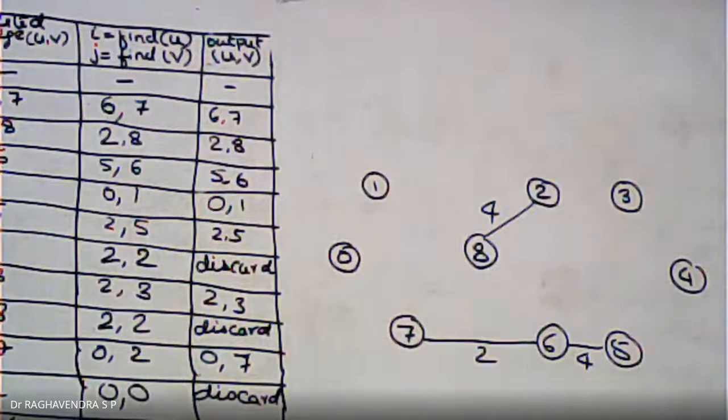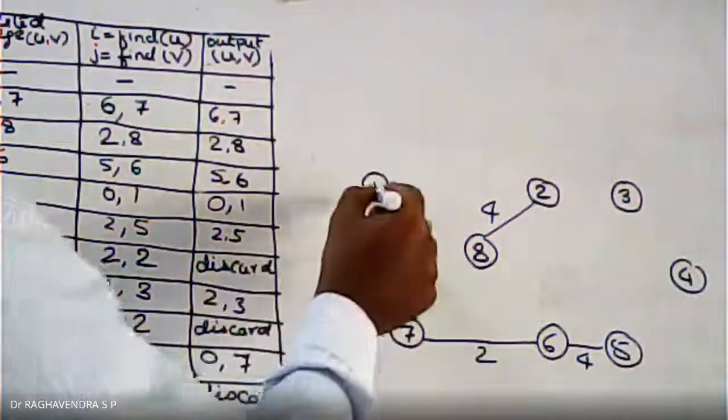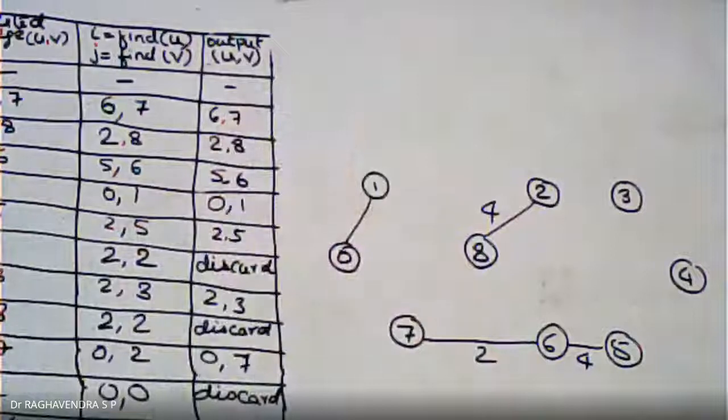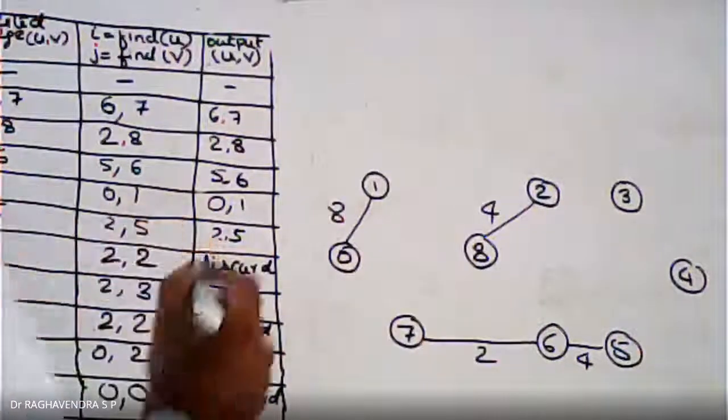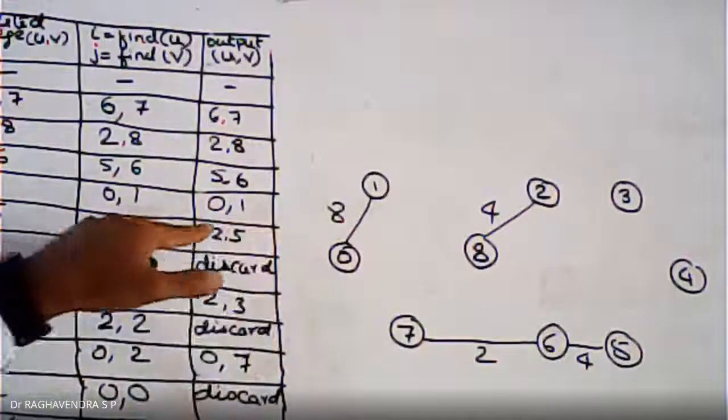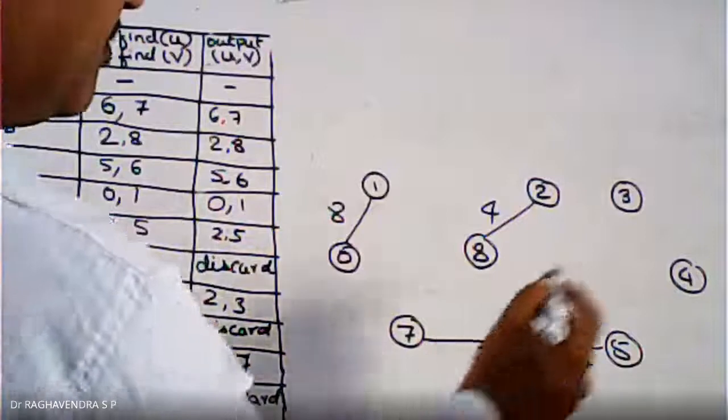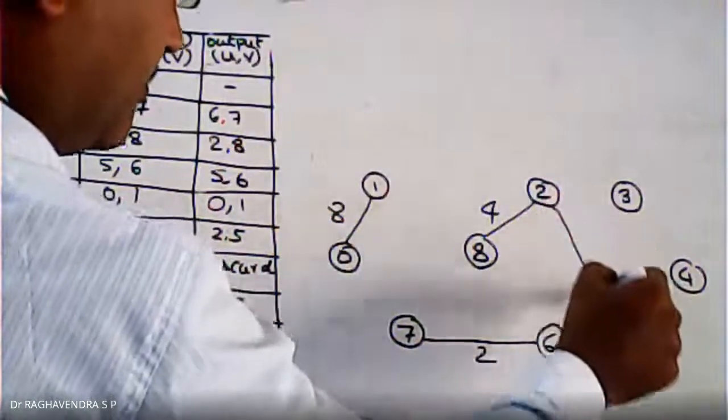Next value, 0 to 1. What is the value? 8. Very good. Next, 2 to 5. What is the value? 8.